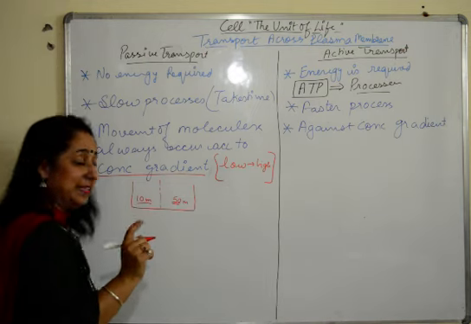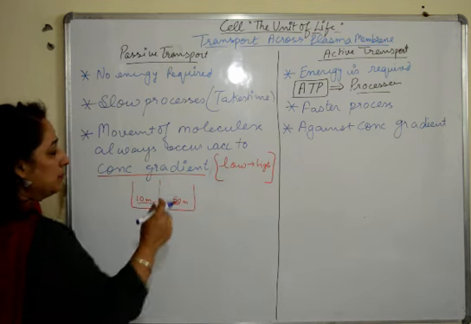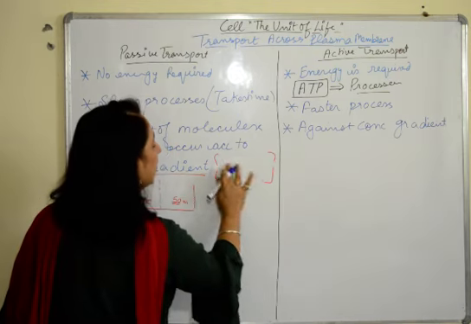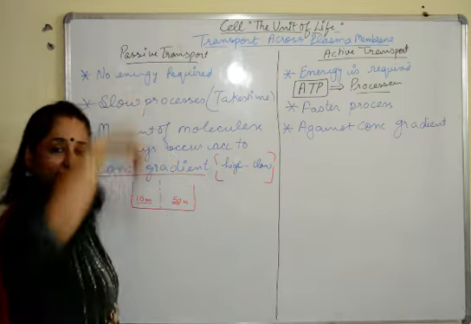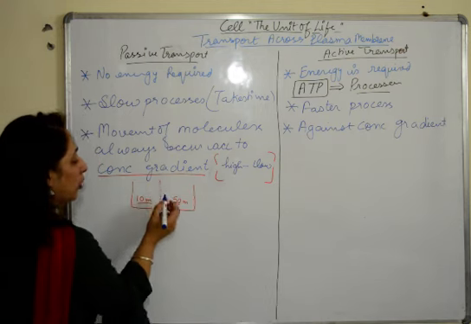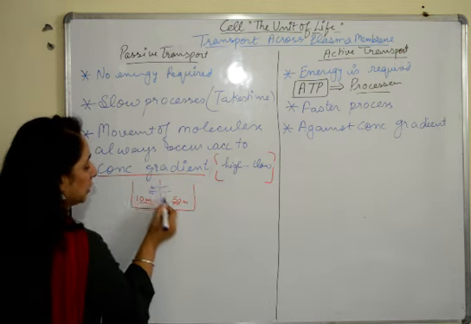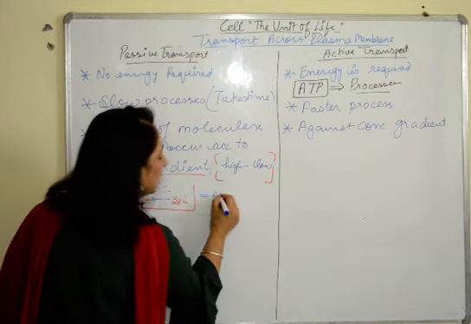So how will the movement take place? The movement will always take place from, I'm so sorry, this is high to low, that means ऊपर से नीचे, high to low. This is a normal concentration gradient. So movement will always take place from 50 molecules towards 10 molecules until a state of equilibrium is there.